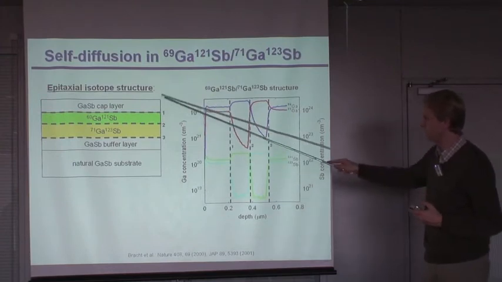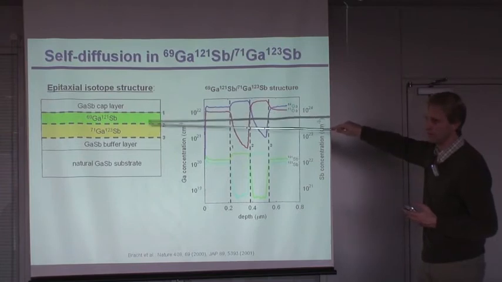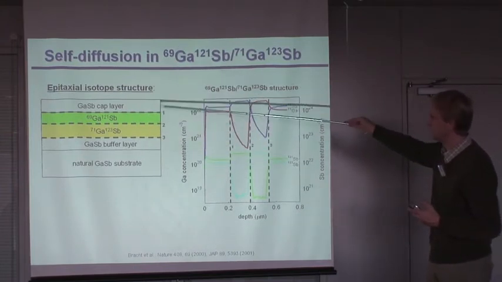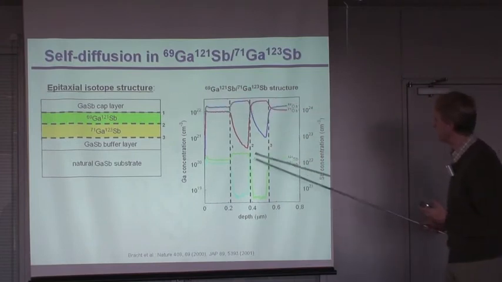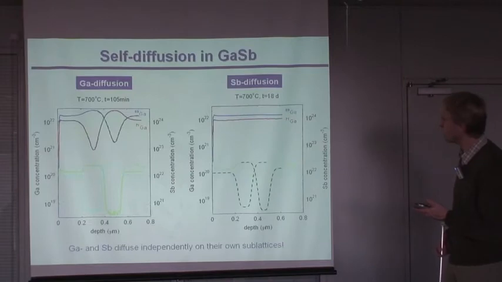It's always a big advantage to put a cap layer on top, because then you have the self-diffusion at buried interfaces, far away from surface effects. Here is a SIMS measurement of the isotope structure, here for gallium 69 and 71, and here for antimony 121 and 123. Now you do the annealing.